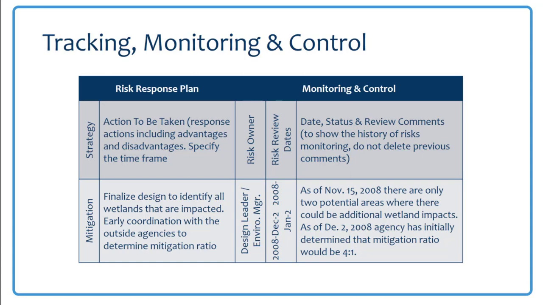In this case, we're looking at a risk, and the strategy that was determined to be used was mitigation. The action that was going to be taken was to finalize design to identify all wetlands that are impacted, and early coordination with the outside agencies to determine mitigation ratio. They've assigned the risk to the design leader and environmental manager, and they've reviewed the risks on December 2nd, 2008 and January 2nd, 2008.